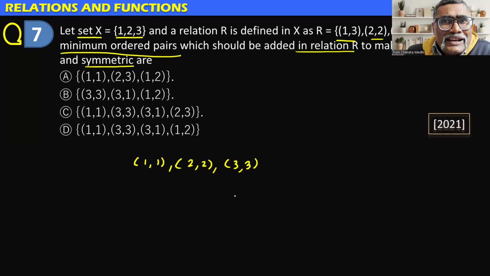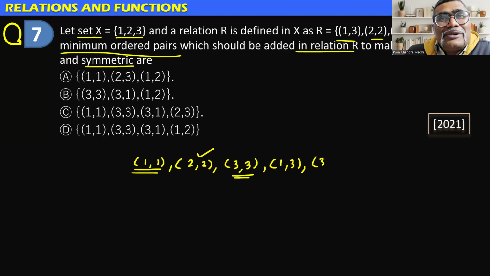So now just check which one is present there. (2, 2) is present. That means I have to add necessarily these two. So if I add only these two, I already have here which ordered pairs? (1, 3) and (3, 2), right? So these are already there in the given.